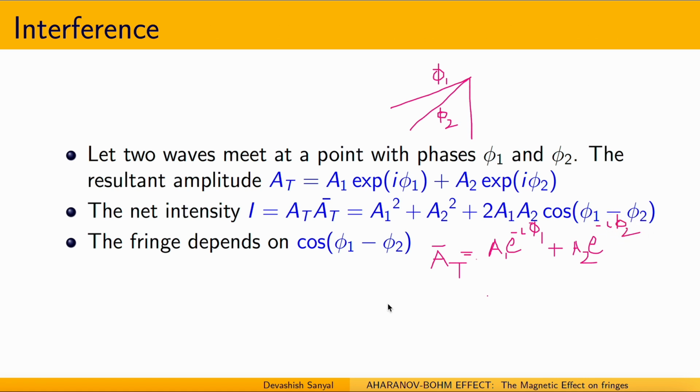This is my AT bar. If I multiply AT and AT bar, it's not very difficult to see, we get this expression: A1 squared plus A2 squared plus twice A1 A2 into cos of phi 1 minus phi 2.